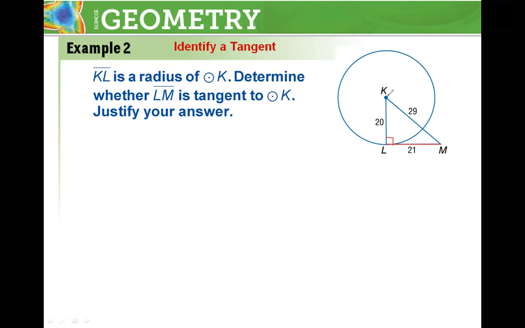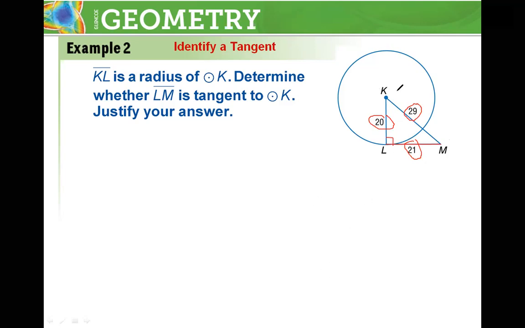We have a triangle, triangle KLM. KM equals how many units? 29. And KL is 20, and LM is 21. This is a right triangle if this is a tangent. In a right triangle we can use Pythagoras.